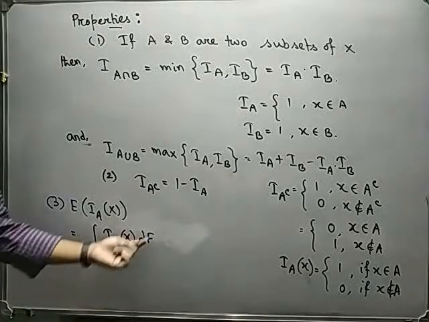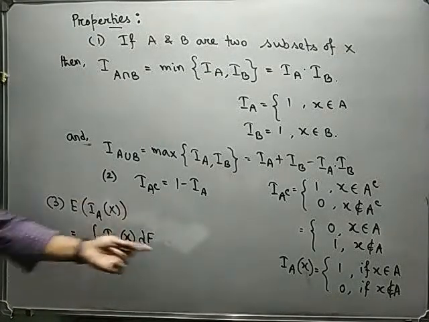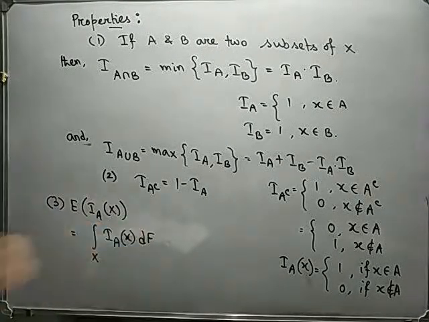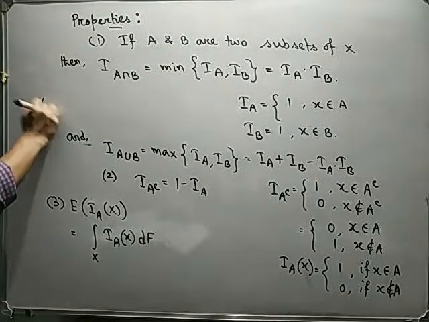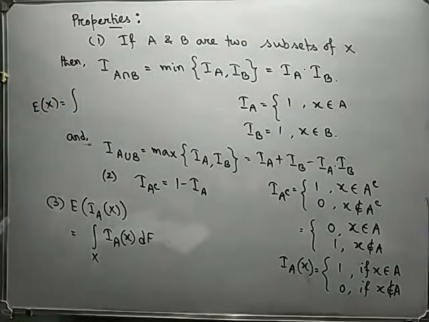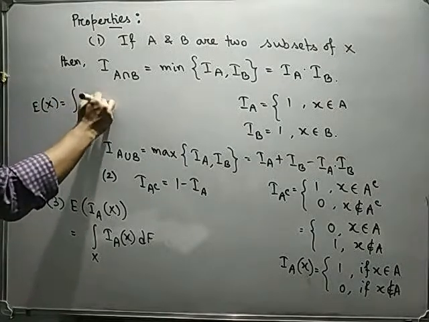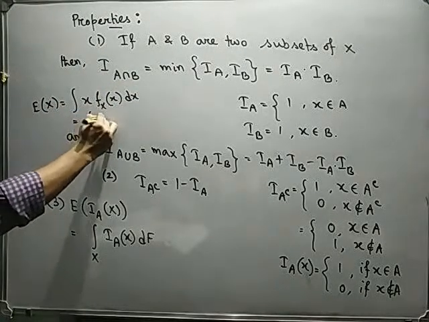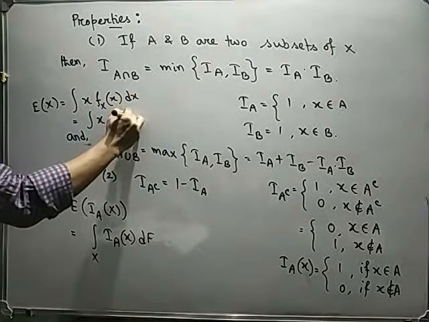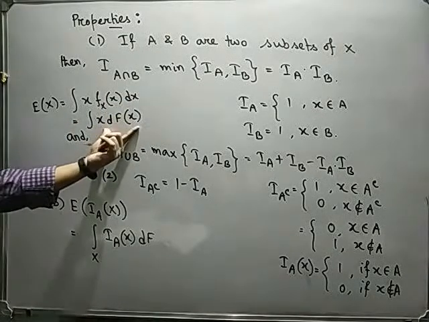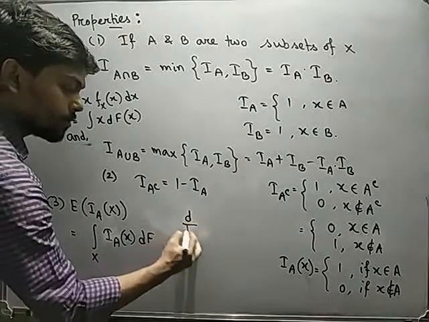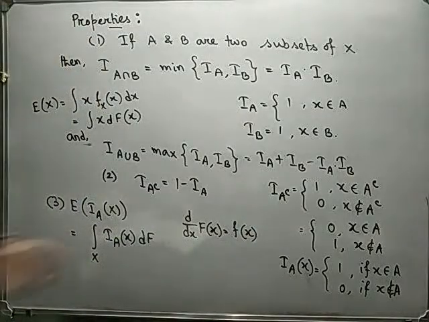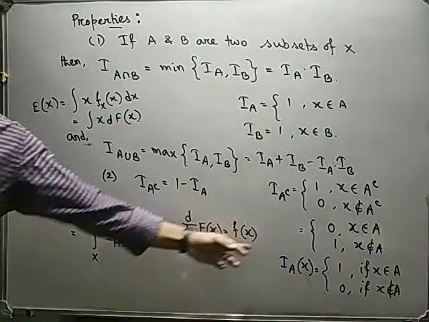Now d of F, where capital F is the CDF. We all know that if we differentiate capital F with respect to x, it will give the PDF value. As we know that expectation of x for a continuous random variable is x into f(x) dx. Now this f(x) dx can be written as d of F(x), because d/dx of F(x) is small f(x), where capital F(x) is the CDF and small f(x) is the PDF.